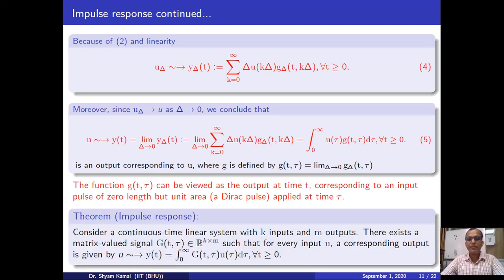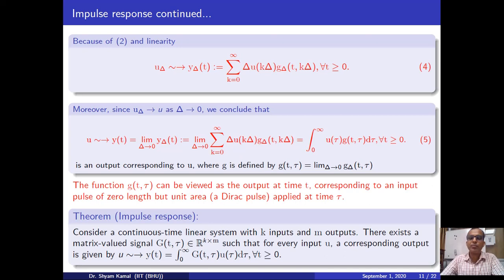And if I have a multi-input multi-output system, with k inputs and m outputs, then this g t tau, which for a single input single output system is a scalar quantity, is not a scalar.